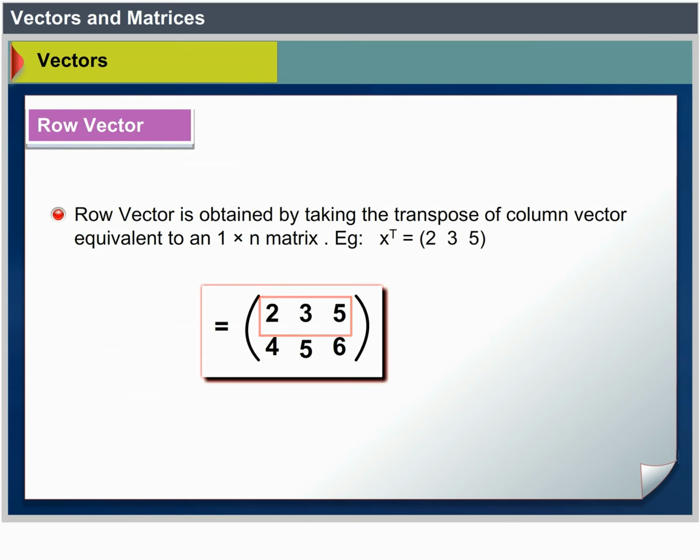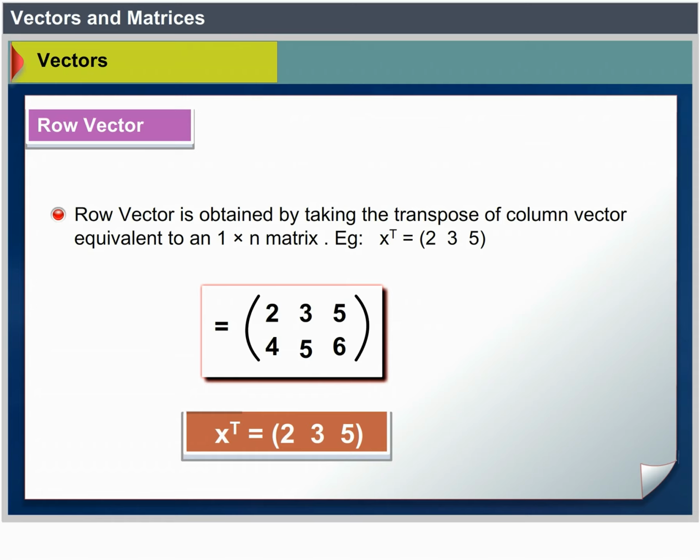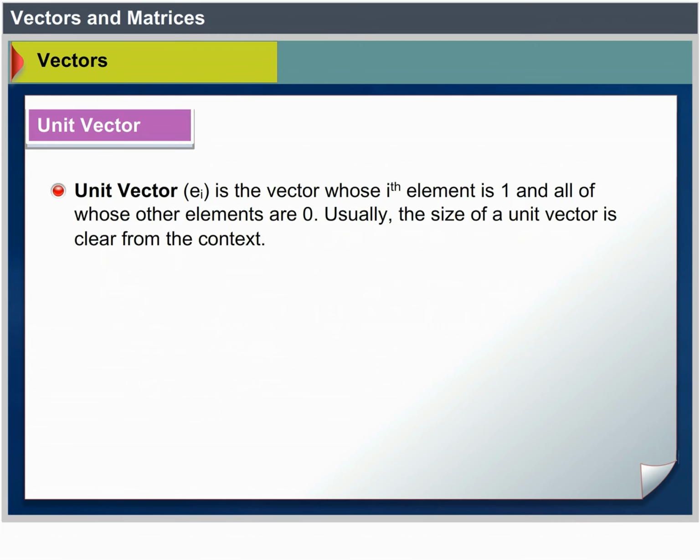Example: x transpose = (2, 3, 5) in row order. Unit vector. e_i is the vector whose ith element is 1 and all of whose other elements are 0. Usually, the size of a unit vector is clear from the context.